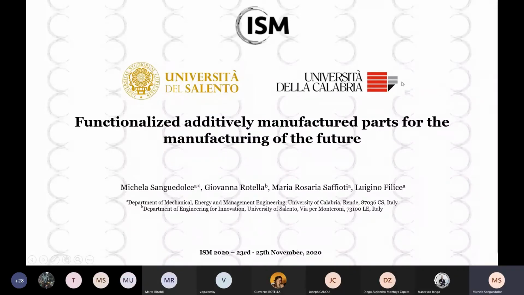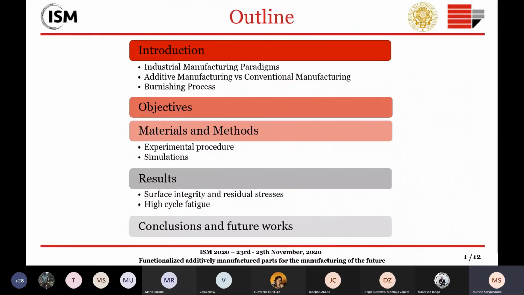Good morning, you all. Our paper will be about additively manufactured parts for the manufacturing of the future. In this slide, you can see the outline of the presentation, which will be about a brief introduction about industrial manufacturing paradigms, a comparison between additive manufacturing and conventional manufacturing, and the varnishing process, which we selected for this work.